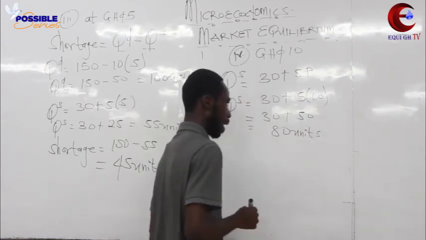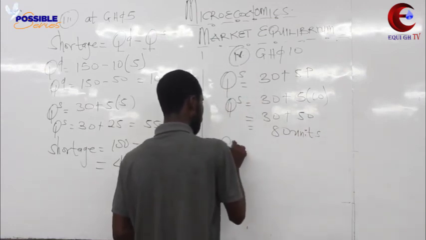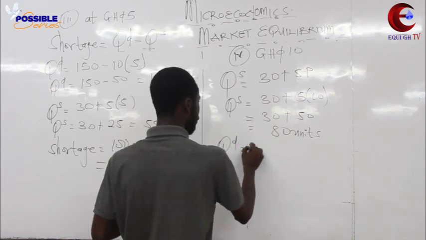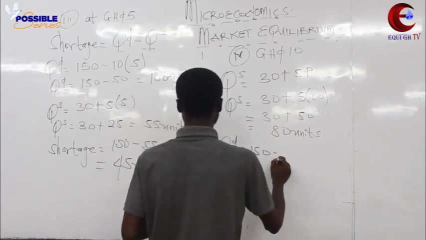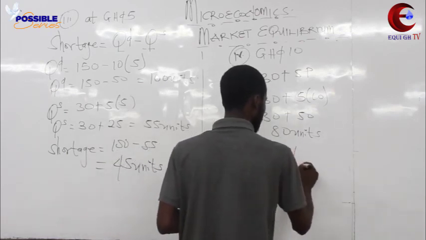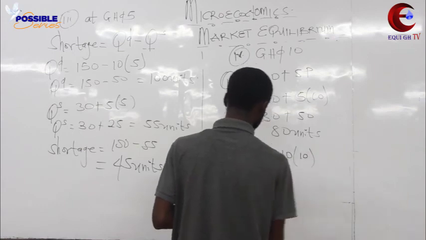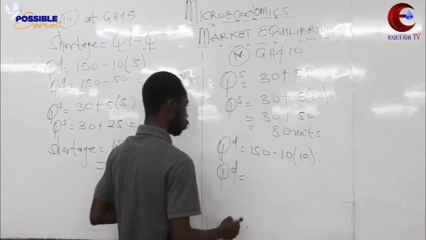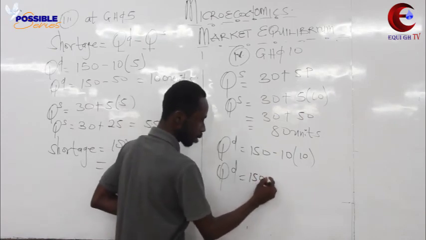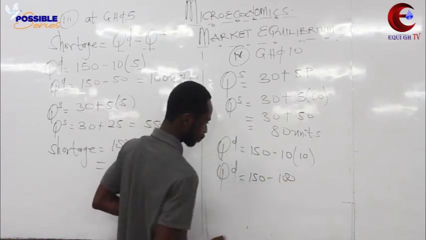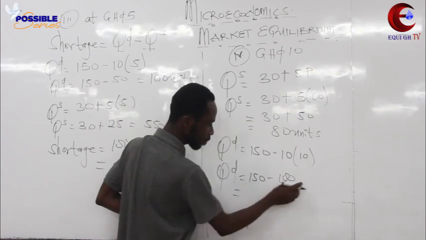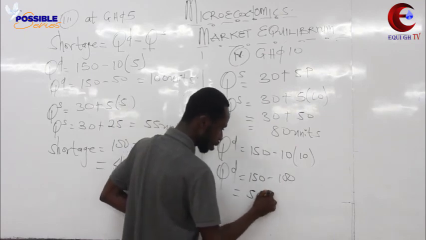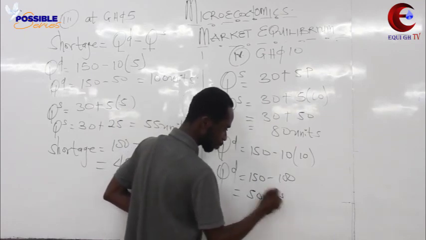That's the quantity supply. And then quantity demand is equal to 150 minus 10p, and the p is 10. So we are going to get quantity demand equal to 150 minus 100, which will give us 50 units.